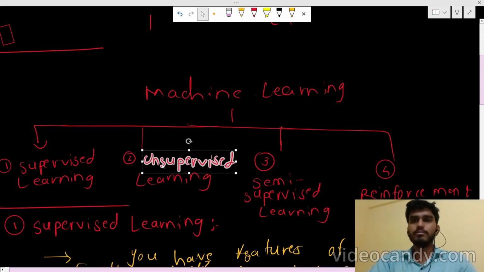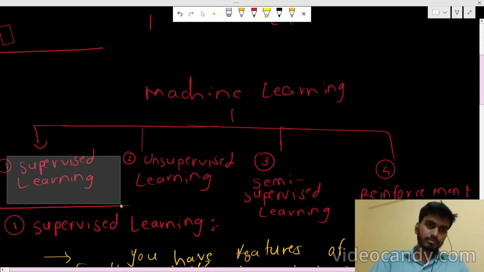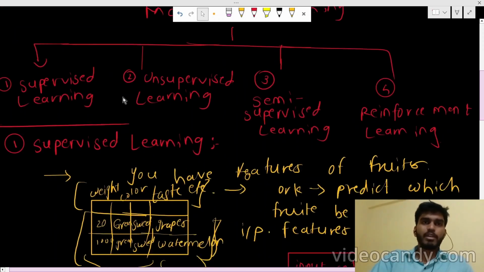And a supervised learning model will get trained on features plus output data, which is the labeled data, and this model can predict the output for future values or new values.